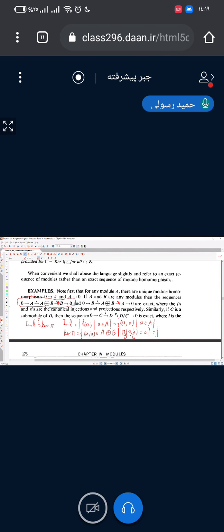So when b is 0, we have the set of all (a, 0) such that a is in A, and as you see, these two sets are equal. So image of L equals kernel of P.